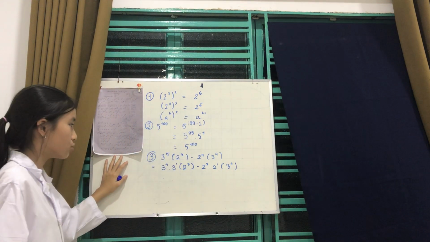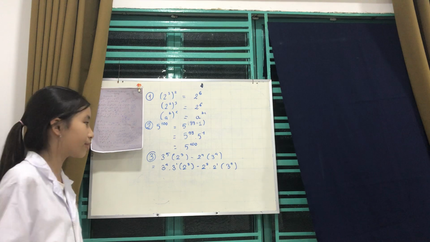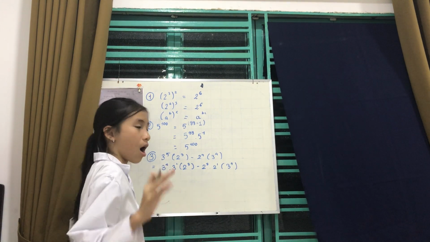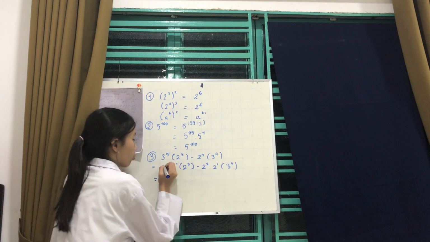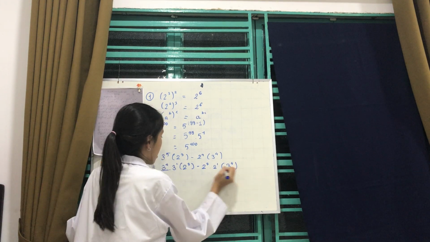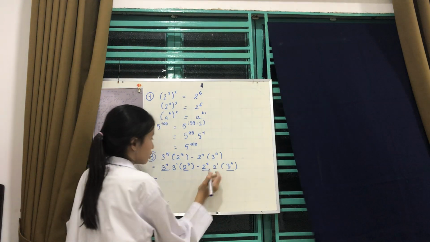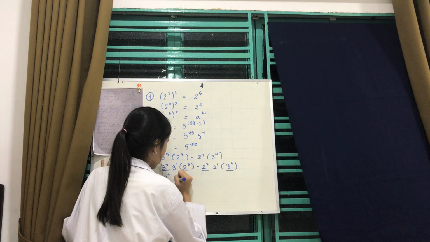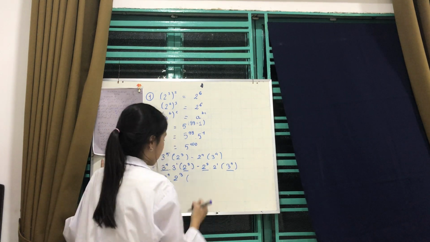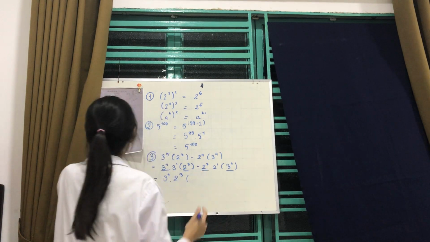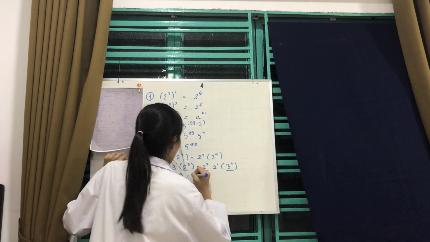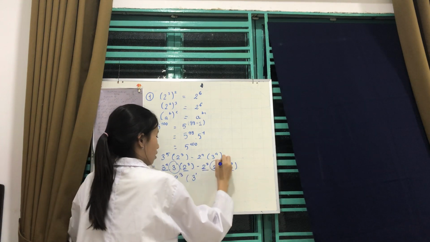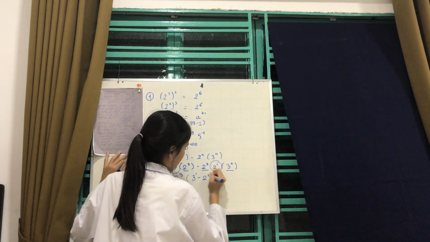Now, what will we do next? We will use the distributive property again, like the reverse one, and we will group together the common numbers. What are the common numbers? We have 3 to the power of 4 and 2 cubed. We'll put this out of the parentheses times, 3 to the power of 1, because that's what's left of this, minus 2 to the power of 1.